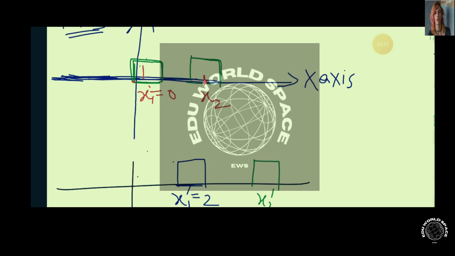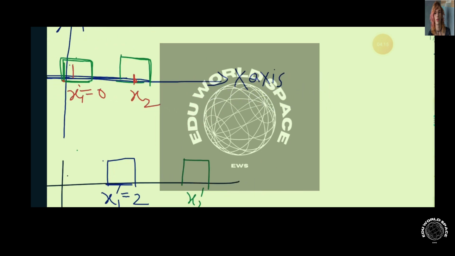But in the question it is saying that the position of center of mass is unchanged. That means if I take the x coordinate of center of mass, in both cases it will not change.